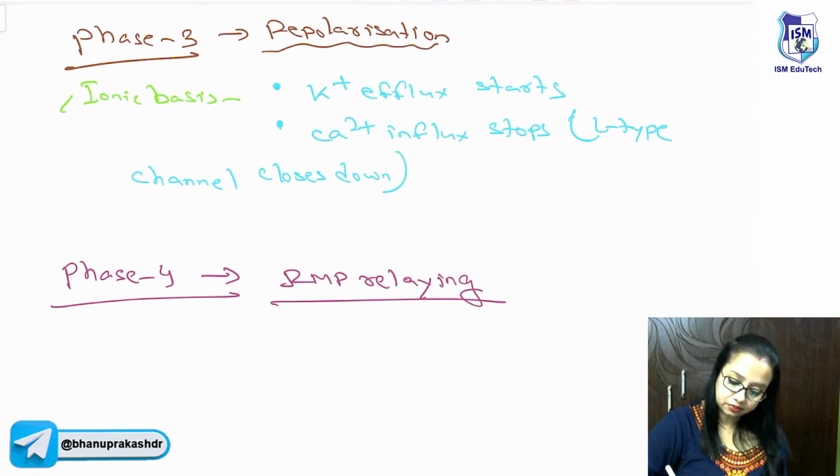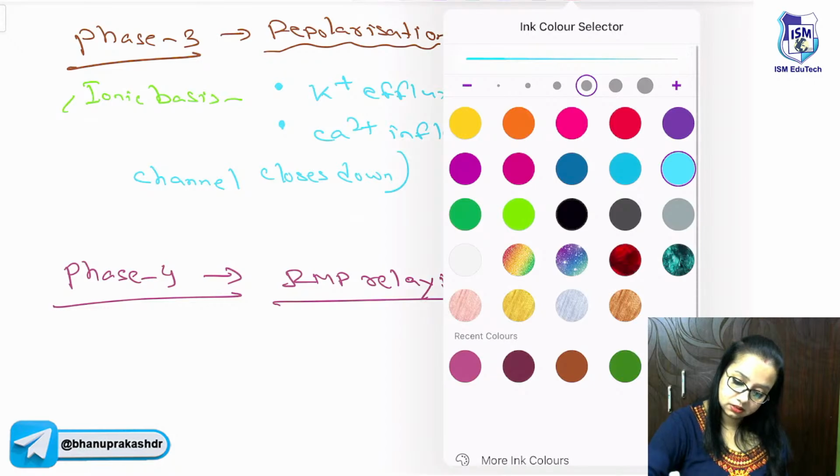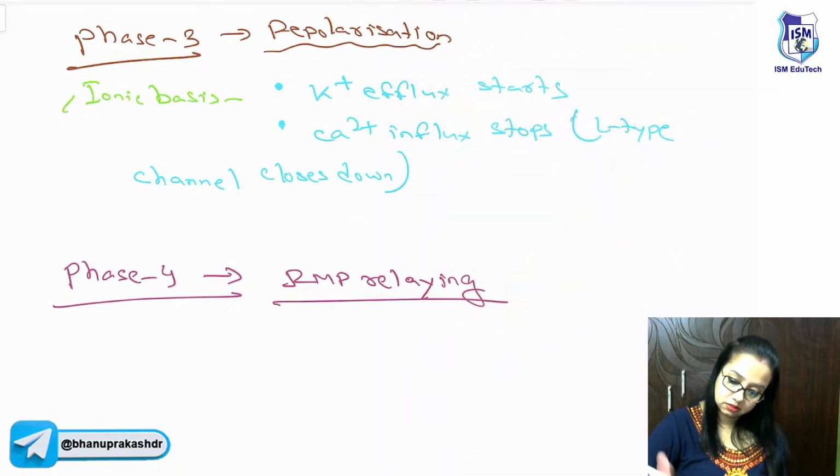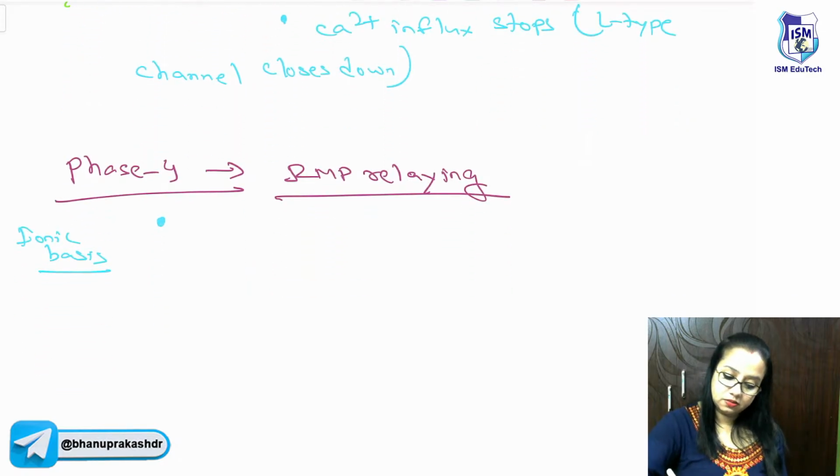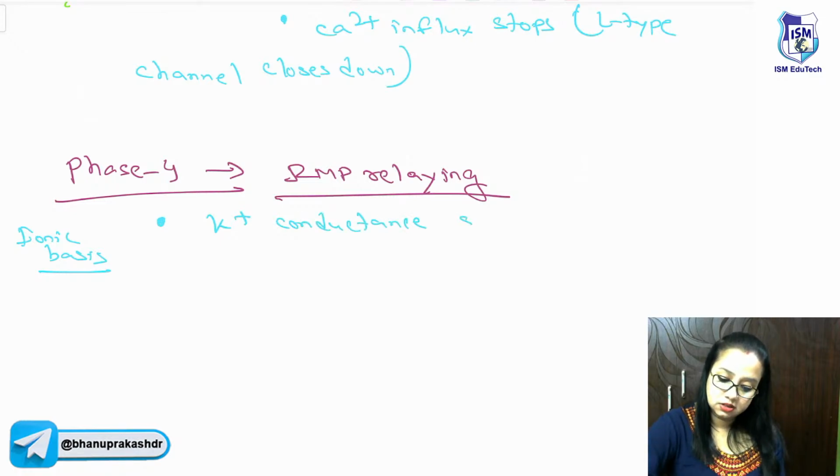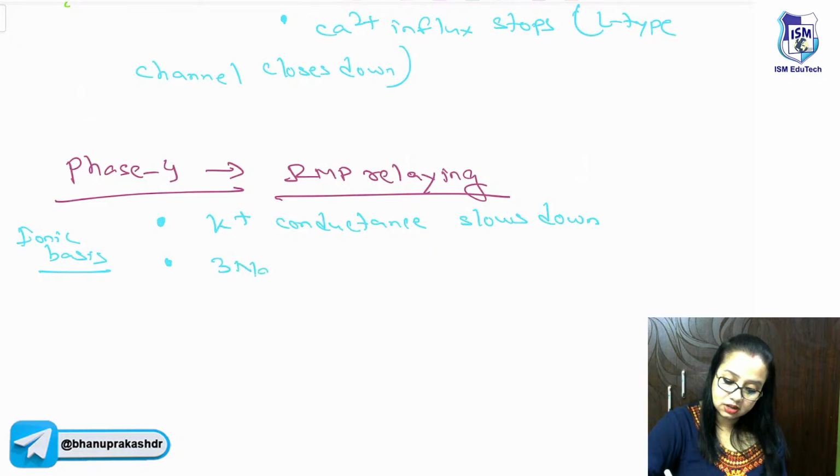Here, the ionic basis is that, obviously, the potassium conductance slows down, okay, and the sodium calcium exchanger acts.